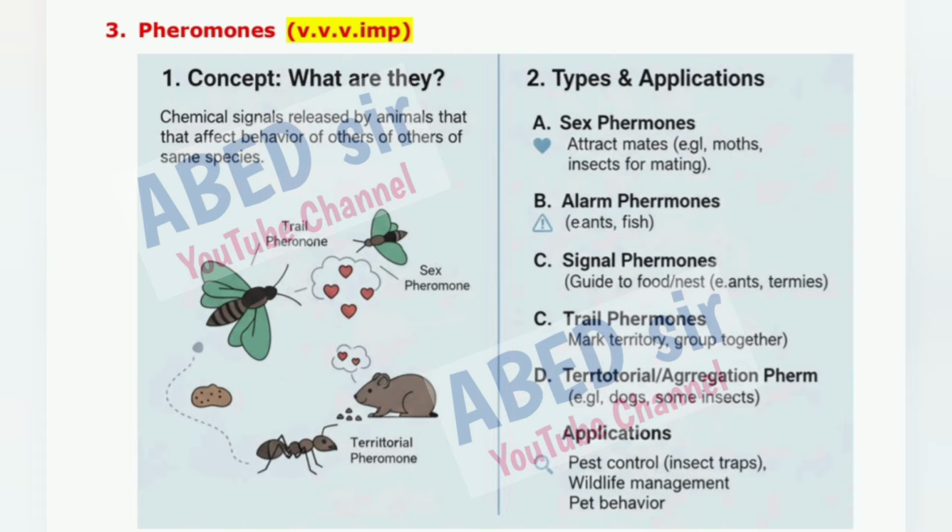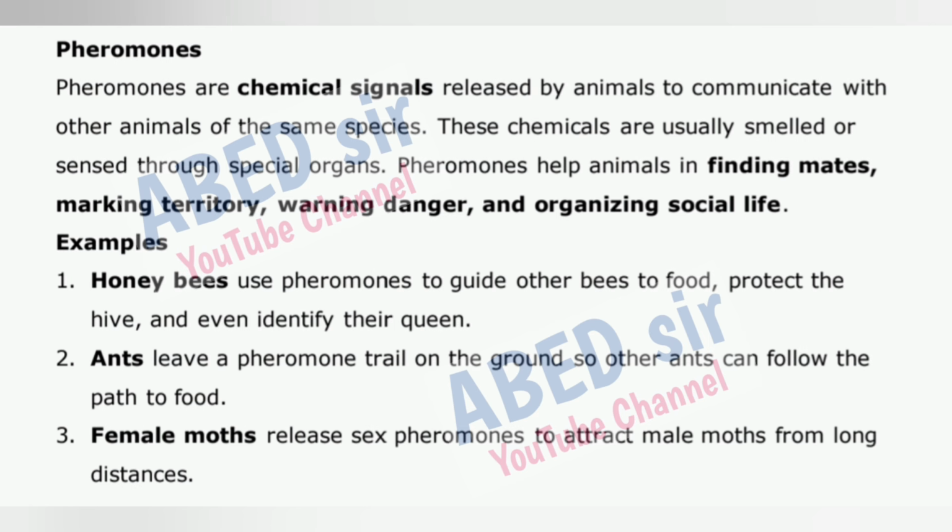Next important short question is 3. Pheromones. Pheromones are chemical signals released by animals to communicate with other animals of the same species. These chemicals are usually smelled or sensed through special organs. Pheromones help animals in finding mates, marking territory, warning danger, and organizing social life.